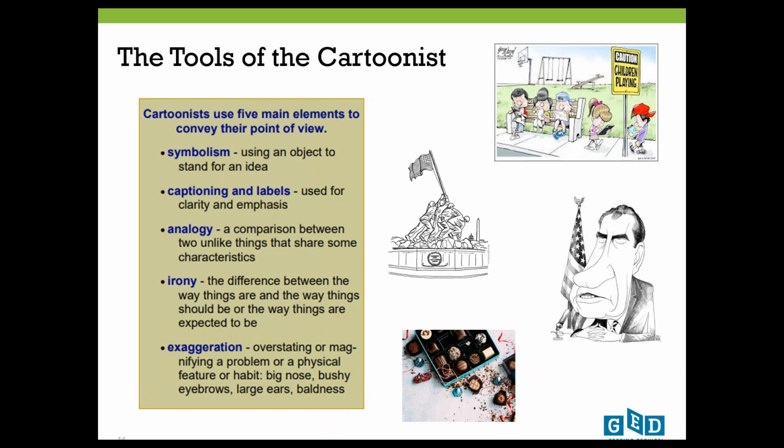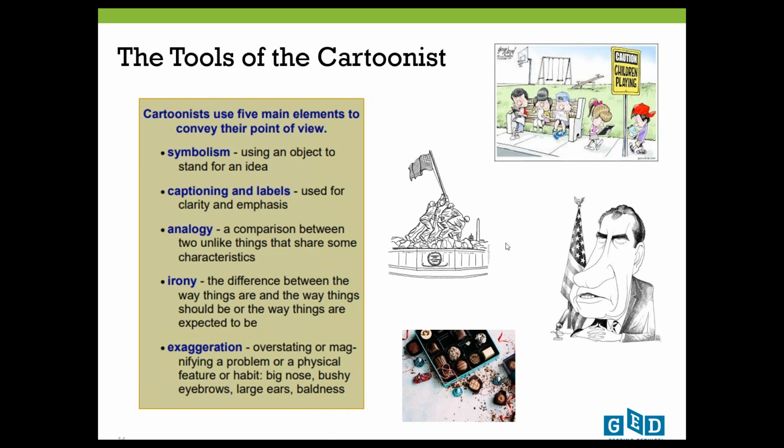But where are the children playing? They're all absorbed in their technology. And in fact, they're not even looking at each other. So there we see irony, where you expect to see children playing. They're playing, but they're playing with something different.